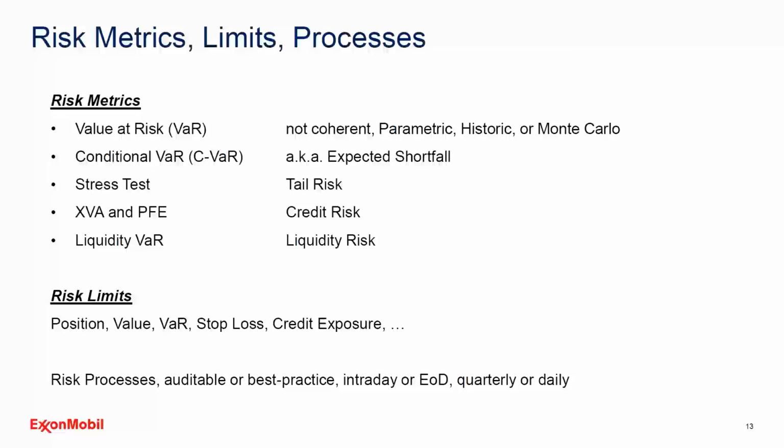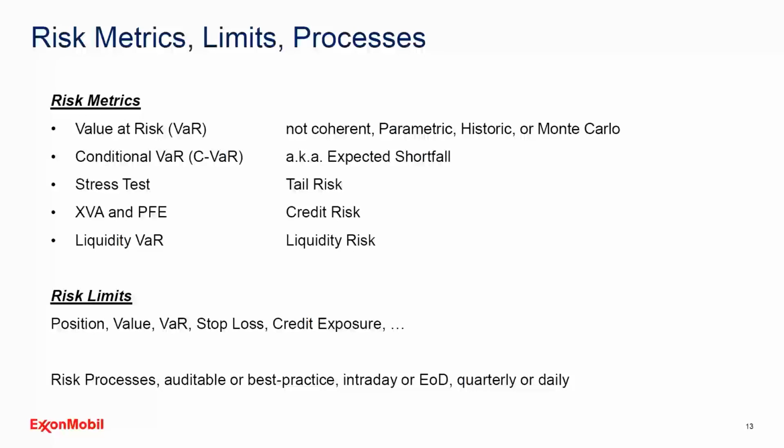And we usually use several different methods. For example, parametric, which always assumes a normal distribution in returns, or historical, which gives you the fat tail, or Monte Carlo simulation if you have a portfolio of nonlinear assets. But value at risk is not coherent, and so Basel III started to adopt conditional VaR, also known as expected shortfall.